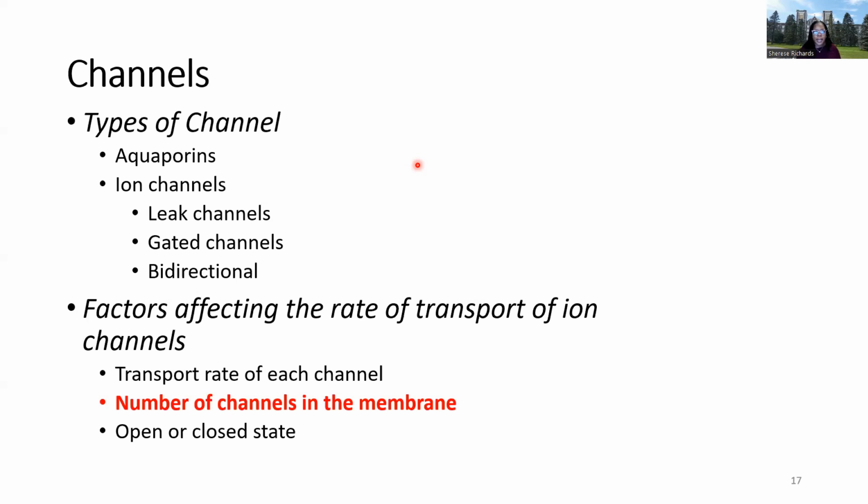So let's say we had a bunch of ligand-gated channels, and they were moving at a pretty fast rate, right? They had a pretty fast rate of individual movement. But let's say they were closed. So that is certainly going to decrease the overall transport of the ion, even if you have a lot of the channels in the membrane, and even if they have a fast rate. So the state of the channel, whether it's opened or closed, will certainly affect the overall rate of transport through ion channels.